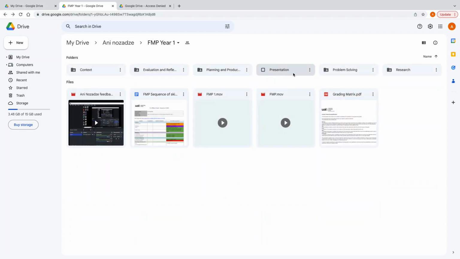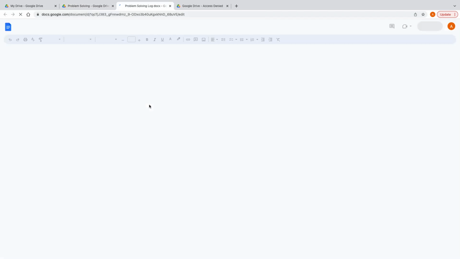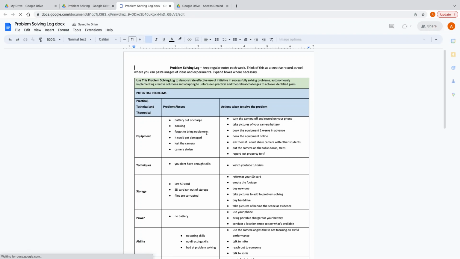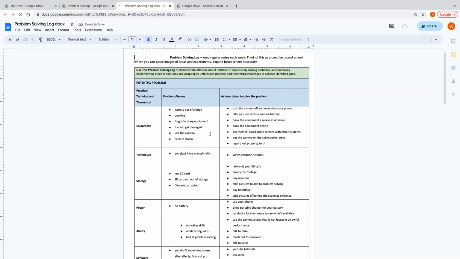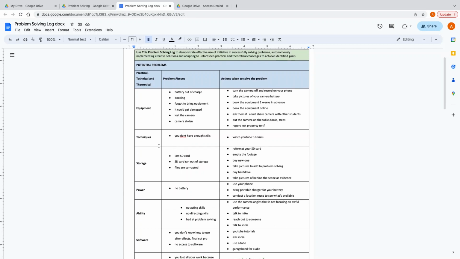The next thing is problem solving. Problem solving was actually really helpful throughout the filming. I wrote all the possible problems and issues that might occur during filming, which were practical, technical, and theoretical as well.